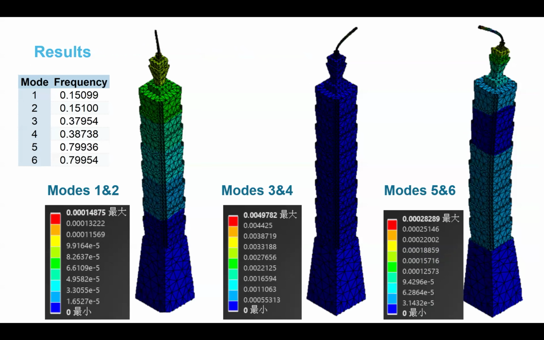Because our building is approximately centrally symmetric, we combine each two modes, and this is the deformation of the model under 3 different frequencies.